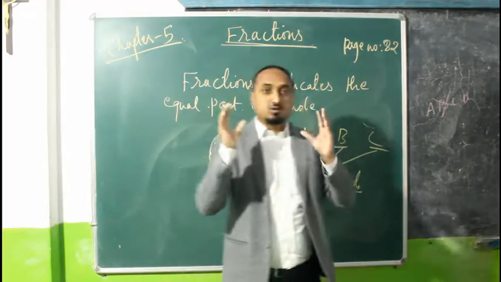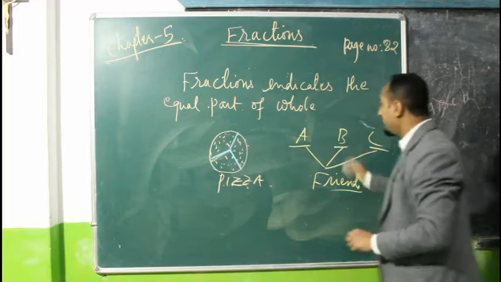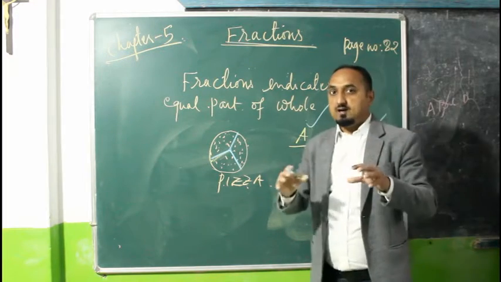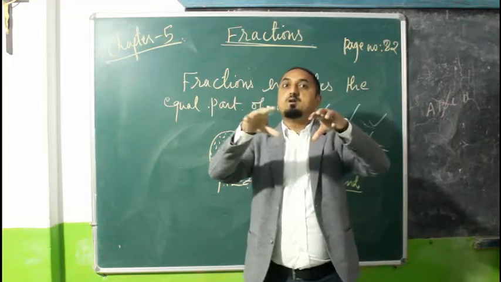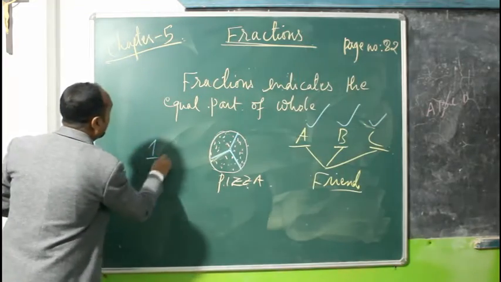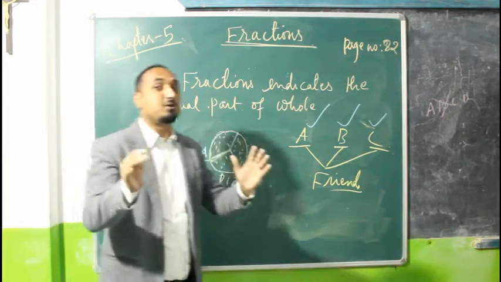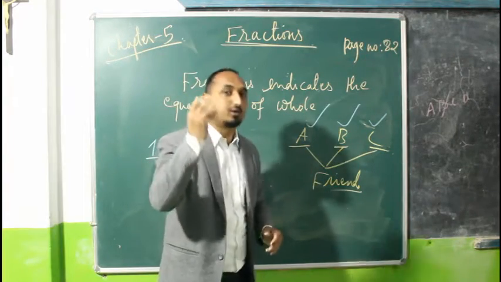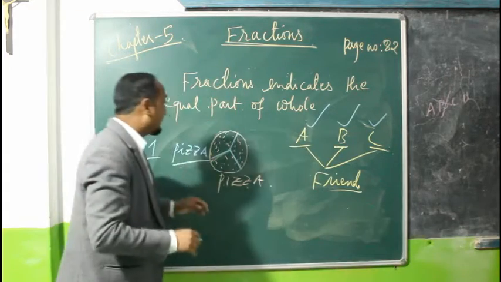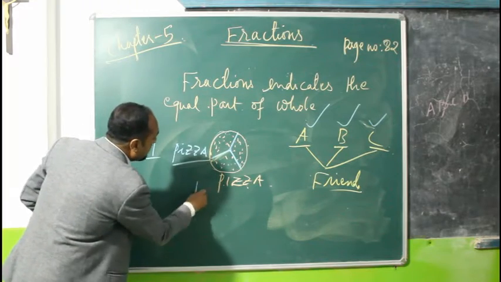Now this single pizza, one pizza, I am distributing among the three friends, A, B and C. These three friends will get equal pizza. How many pizzas do we have? One pizza. Now we are distributing this one pizza equally among three friends. So if we represent it in fraction form, we can write it as 1 by 3.